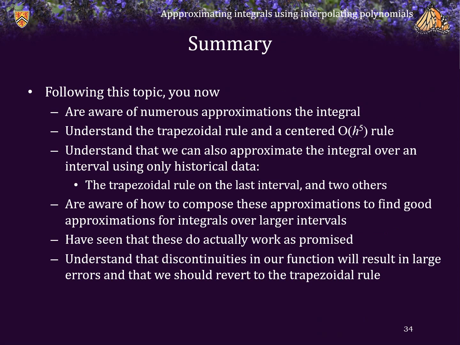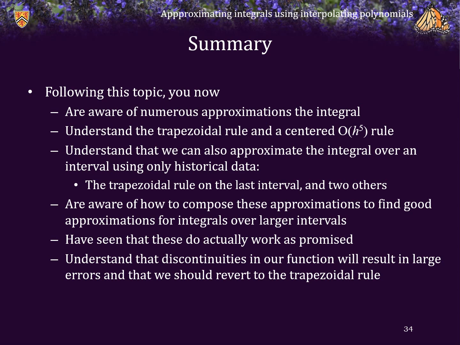All right, following this topic, you are now aware that there are numerous ways that we can approximate the integral over a single interval. And you have seen that we can use, for example, the trapezoidal rule, which integrated an interpolating line between 2 points. And we also saw a centered order h to the 5th rule that saw us finding an interpolating cubic between 4 points and integrating that cubic between the two centered points.